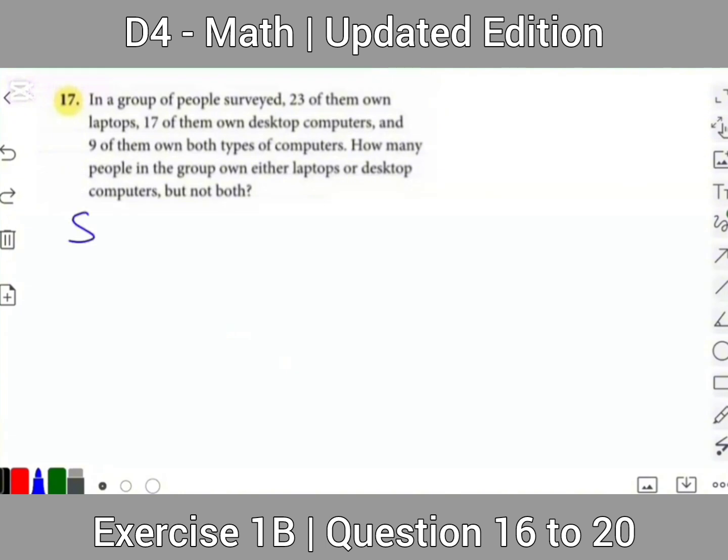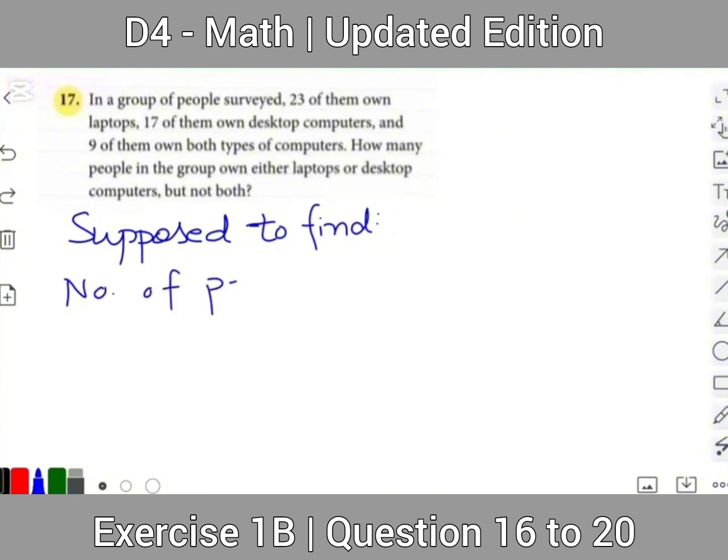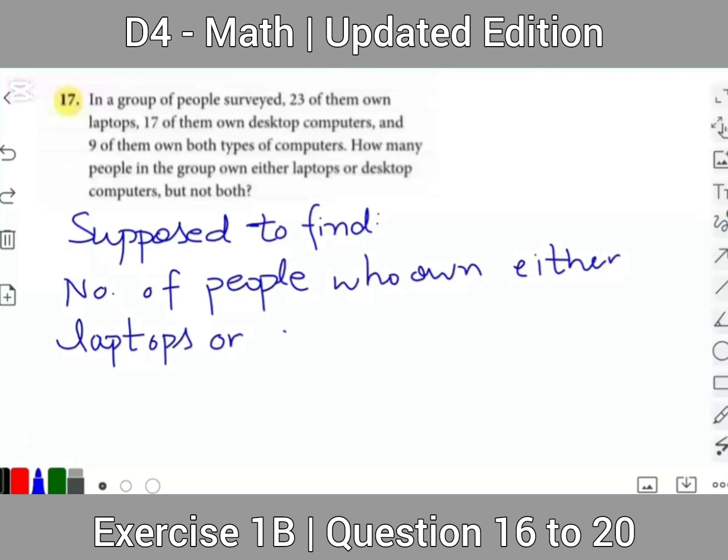Now we are supposed to find the number of people who own either laptops or desktop computers, but not both.